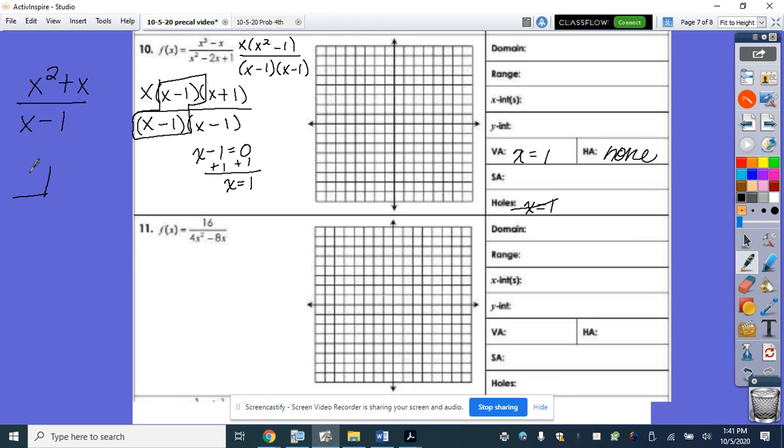You have 1 in here, and you have 1, 1, and 0 because you have no constant. And then you can go through and do synthetic on this. So your slant is y equals x plus 2. Okay, and you continue to do the same things for the top.